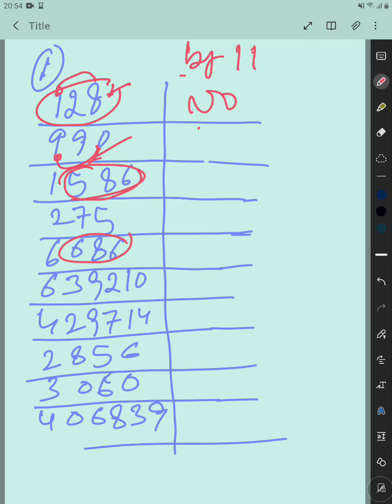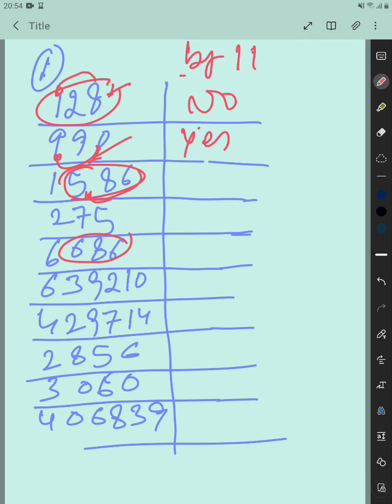Since it is 0, it is divisible by 11. You need to find 0 or a multiple of 11; if it is there, then okay, otherwise no. Here it is 6 plus 5, this is 11, and 8 plus 1 is 9. The difference of both is 2.